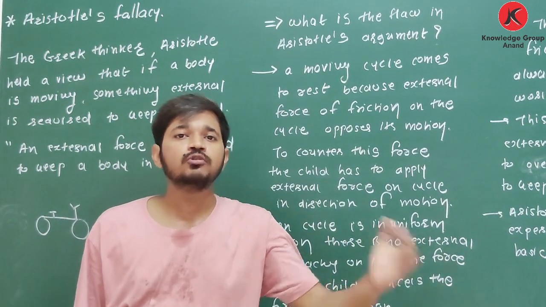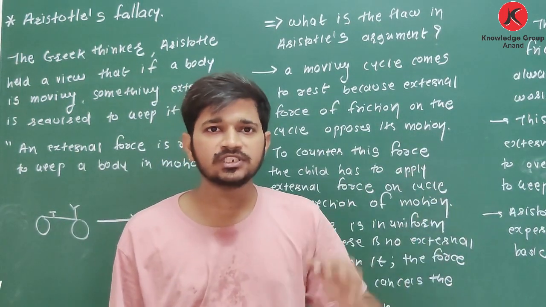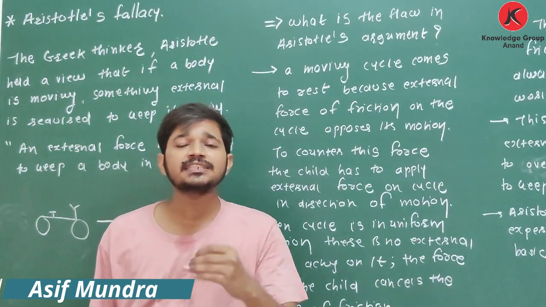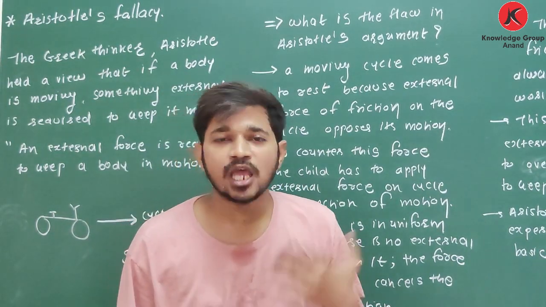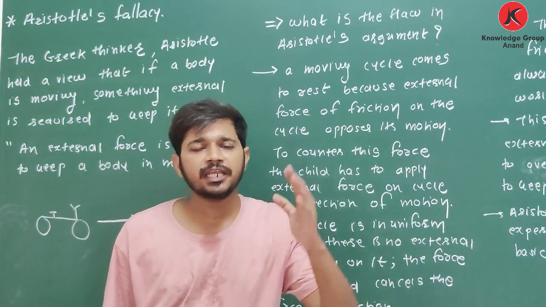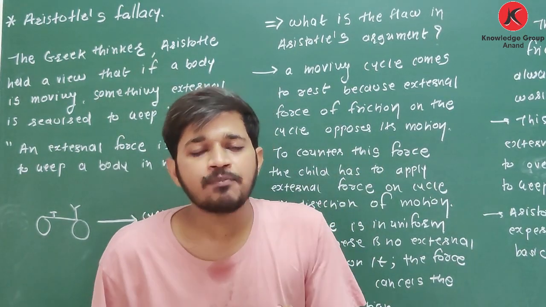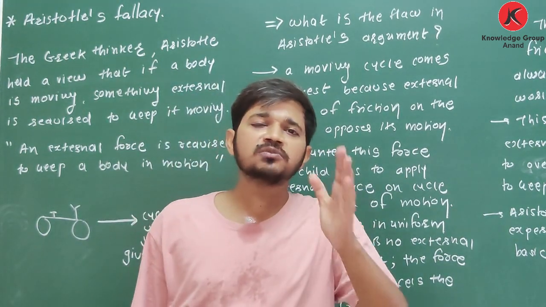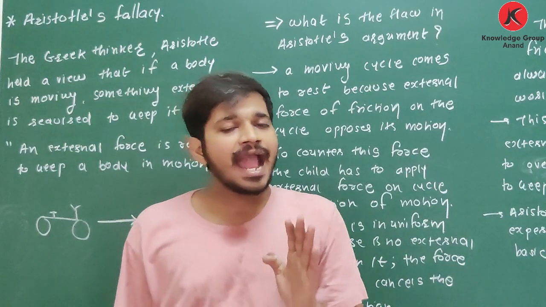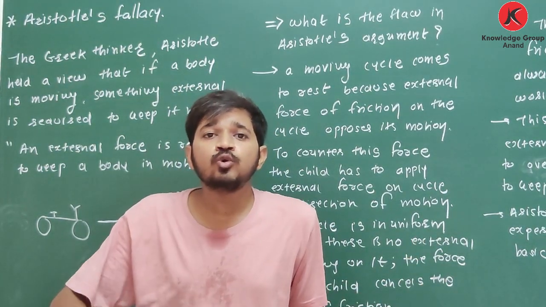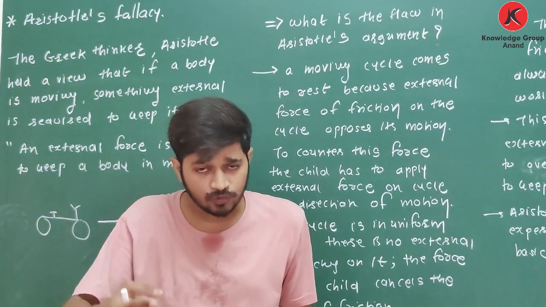In case of fluids, that opposing motion is the viscous force. So whenever objects are in motion, this type of retarding, opposing forces oppose the motion of the object. And to continue motion, we have to give some external force.